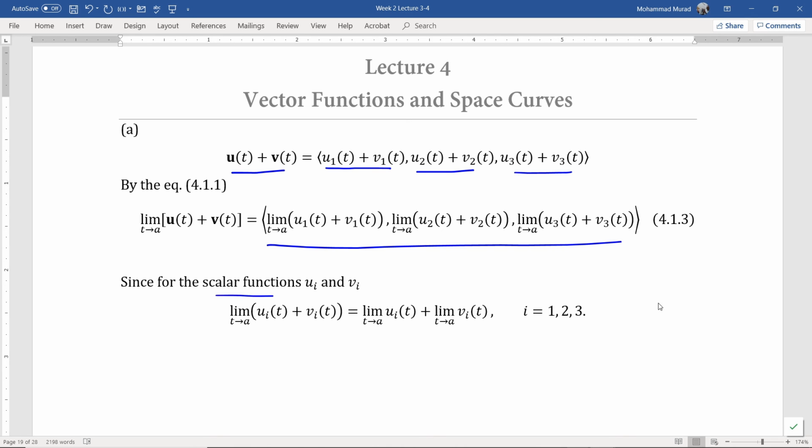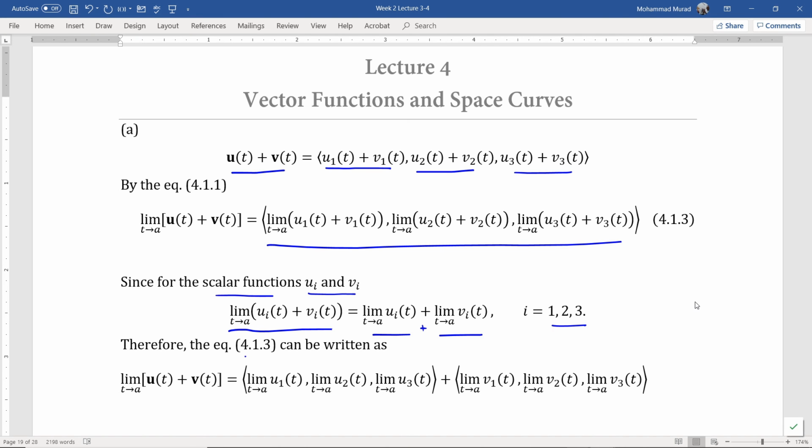Since for the scalar functions u sub i and v sub i, where i stands for 1, 2, and 3, the limit of the sum of two scalar functions is exactly equal to the sum of their limits, therefore equation 4.1.3 can be written as the sum of two vectors, as shown, where the first vector is exactly the limit of the vector function u, and the second vector here is the limit of the second vector function v, as shown here.